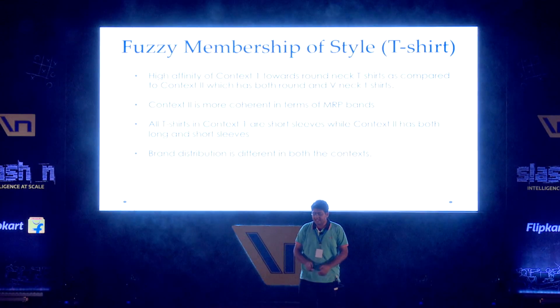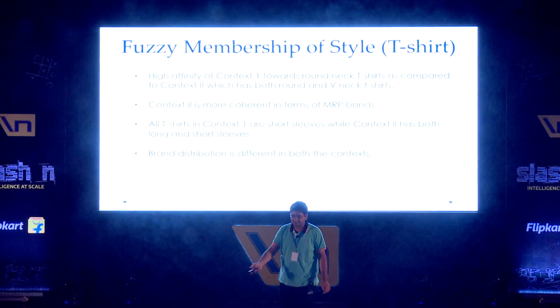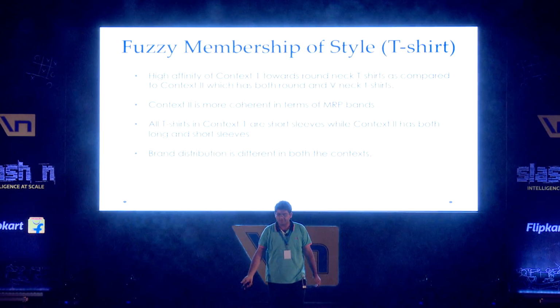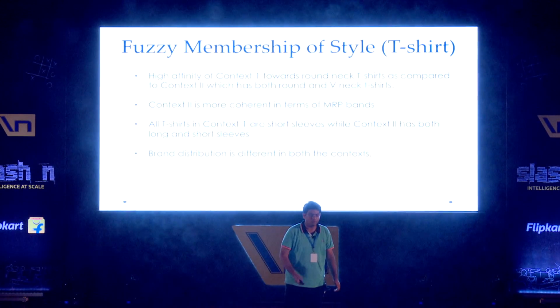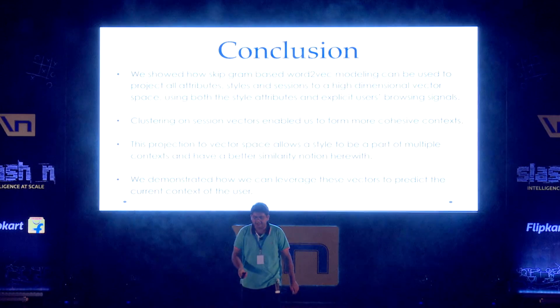And again, a few more differences I've talked about. All t-shirts in context one are short sleeves, while context two has both long and short sleeves. So this is how a style can essentially fall into multiple clusters.